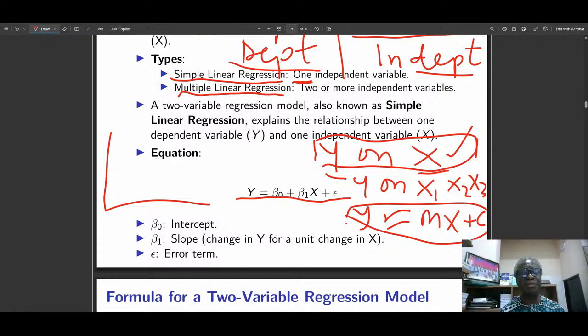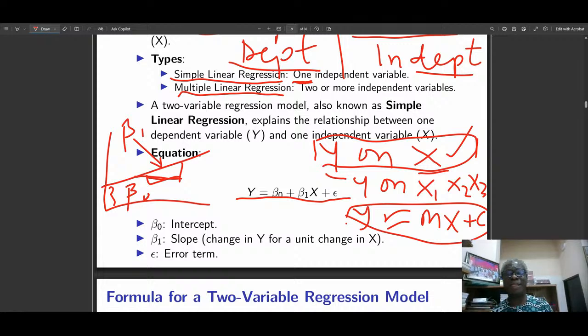And then beta 1 measures the slope. This is your beta 1, and this is your beta naught.